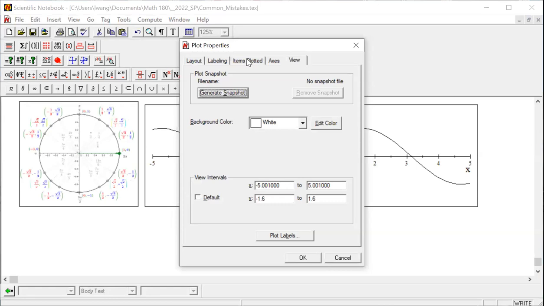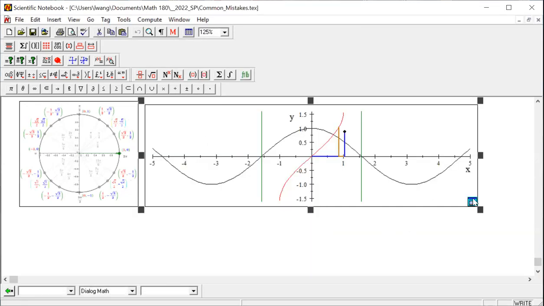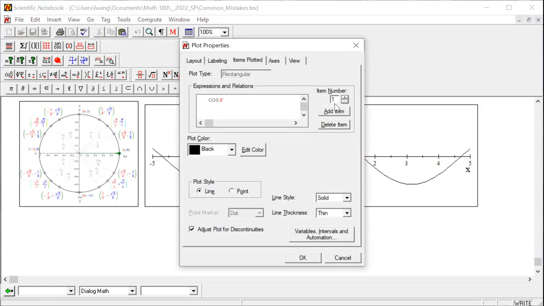This time it's going to be cosine, and of course we're going to have arc cosine, and that's going to be between 0 and pi.